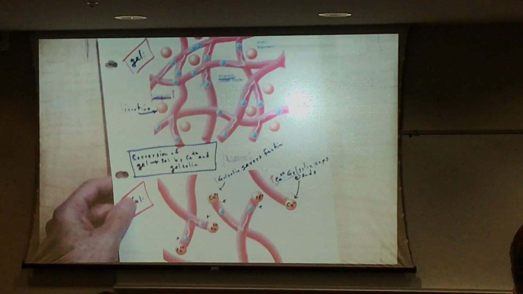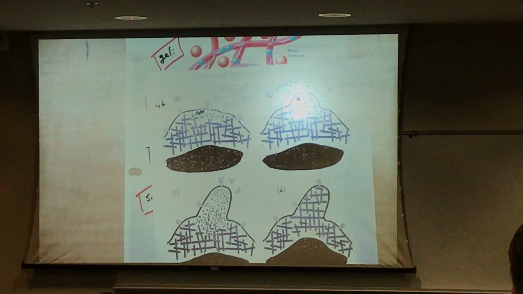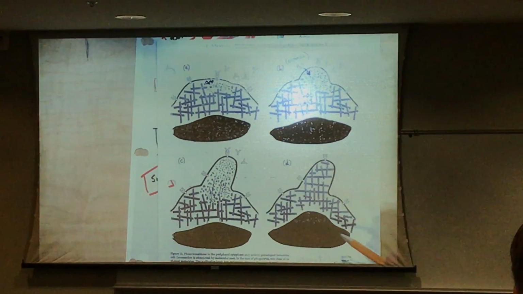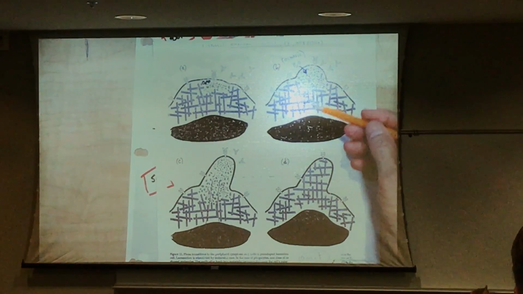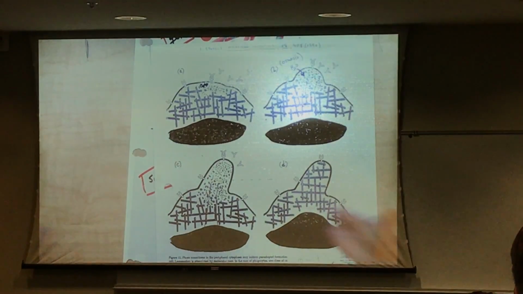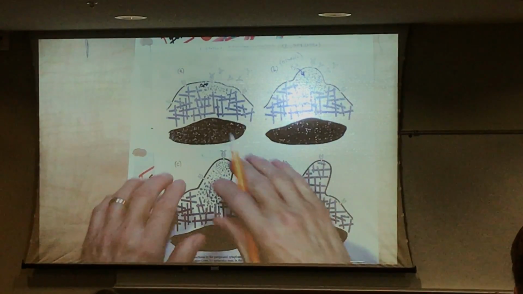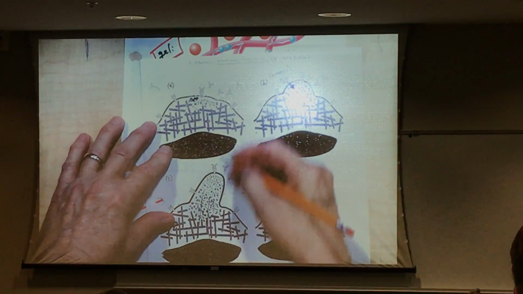Now, cells can convert the gel state of actin filaments in their cytoplasm. They can go back and forth between a gel state and a sol state. For example, when an amoeba is moving through the solutions and sending out pseudopods, the cytoplasm of the amoeba is in a cross-linked gel state, and then locally it can go into a viscous solution state.